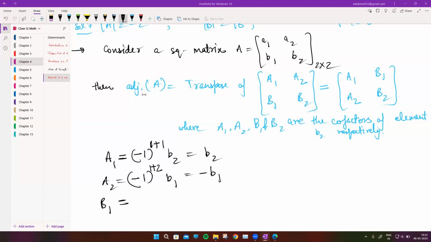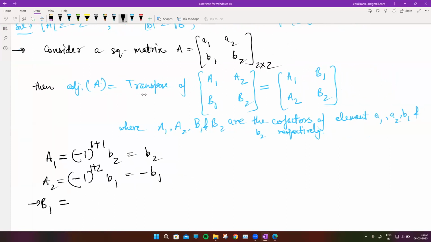No, sorry. We are trying to find B1. Yes, B1 is the cofactor of small b1, so it could be the second row and first column. No, this belongs to this column. Yes, sir, so first column and second row. We have to delete the first column and second row to find the minor of this.